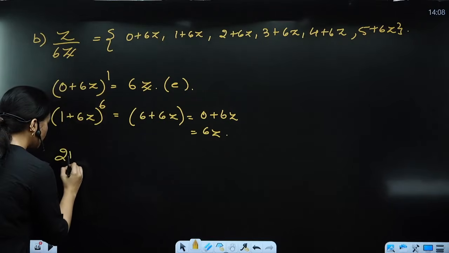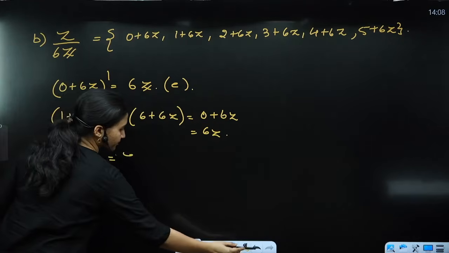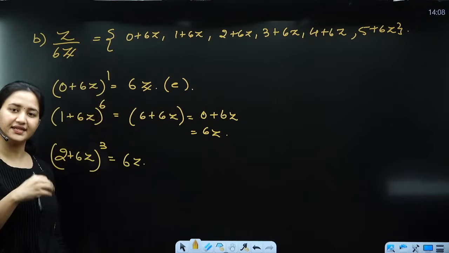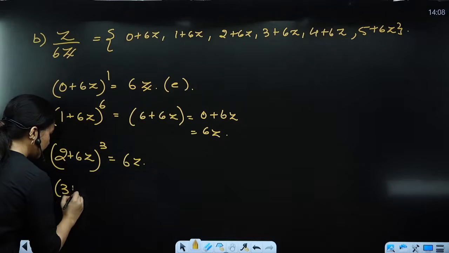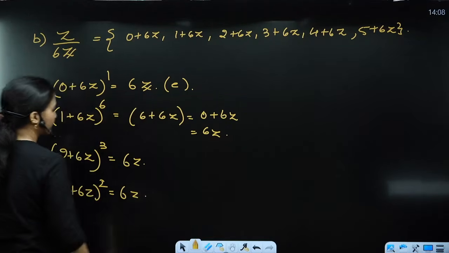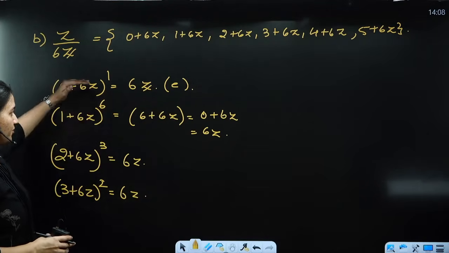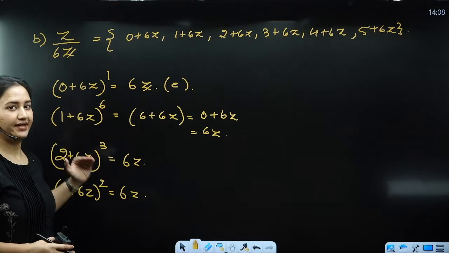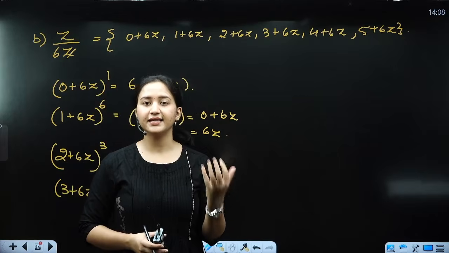Similarly for 2 plus 6Z, the order is going to be 3. Why? Because I need to add 3 times, I'm going to get 6 and it gets submerged into 6Z. Then finally 3 plus 6Z has order 2, right? If you keep doing this, you will see that the properties shown by the elements of this factor group are similar to a cyclic group, right?